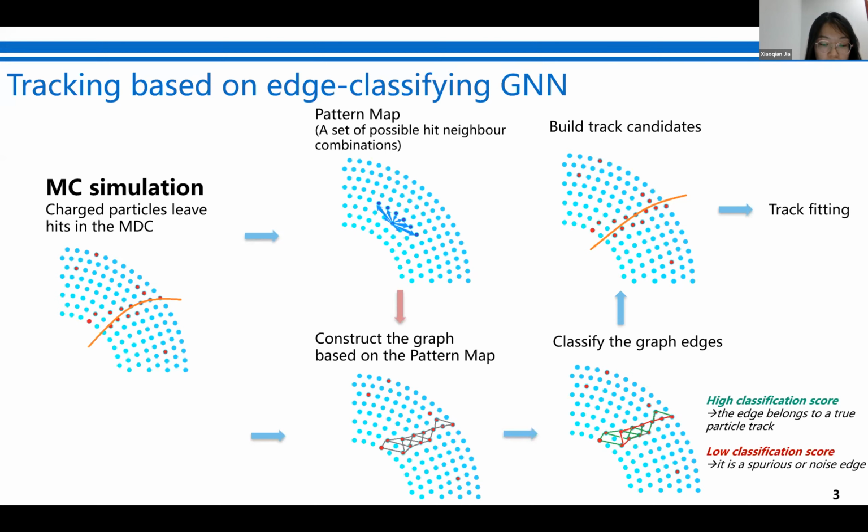Then we train the GNN to distinguish true hits from fake hits. Then we try several preliminary methods to build the track candidates. Finally, we use the selected hits on the track to fit the track parameters.